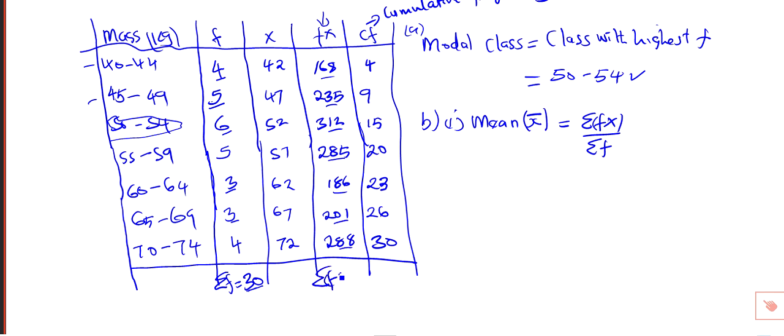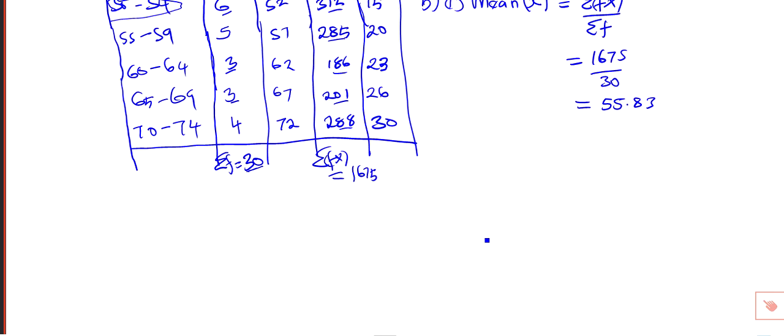That will give you a total of 1675. Then you divide by sum of f, which is 30, and that will give you approximately 55.83. So that is the mean.